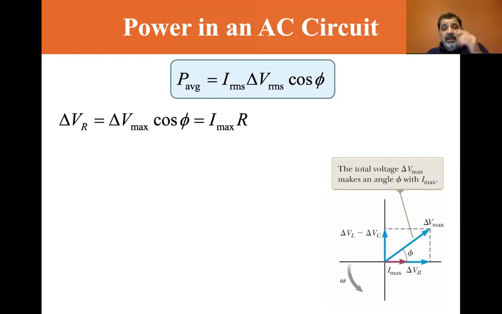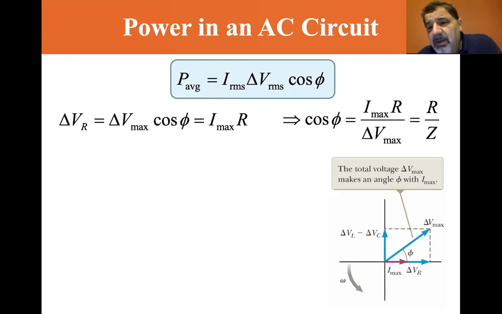vector on the V max vector, and that's equal to I max R. The delta V R is equal to V max cosine phi. Okay, so now cosine phi we can see is the adjacent over the hypotenuse, so it's I max R over delta V max.